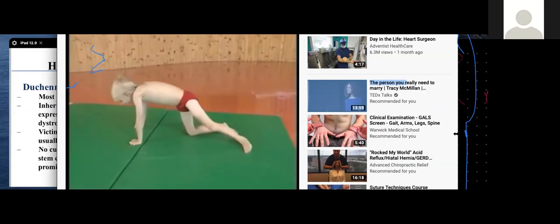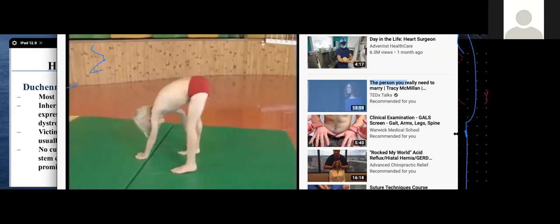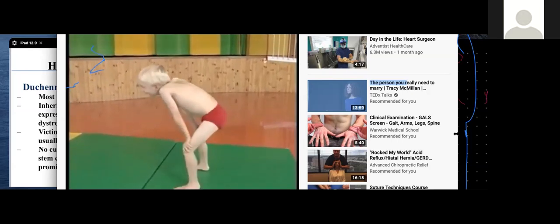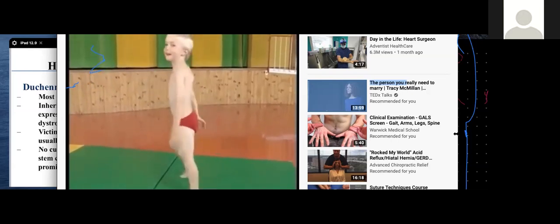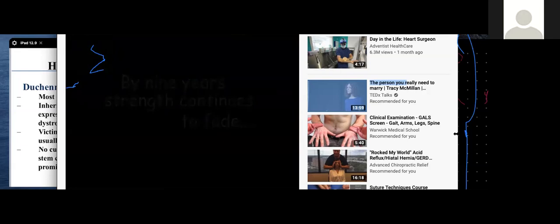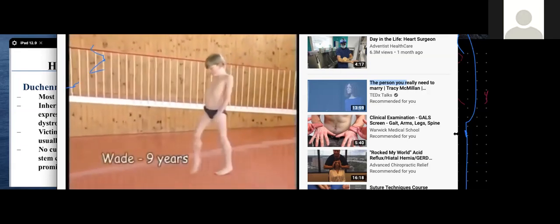Need to exert more effort to stand up. Here the kid is climbing himself, he's pushing himself up because of the weakened back muscles. Major spine deformities, as you see on here.